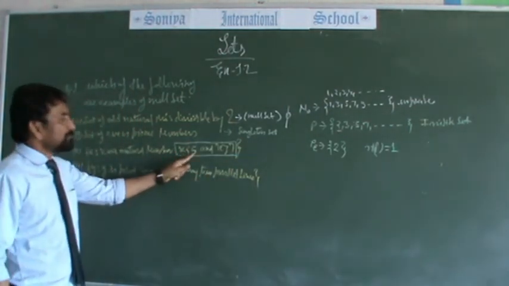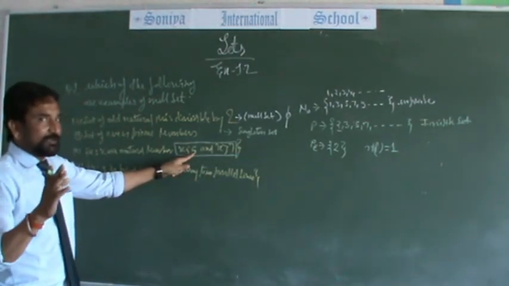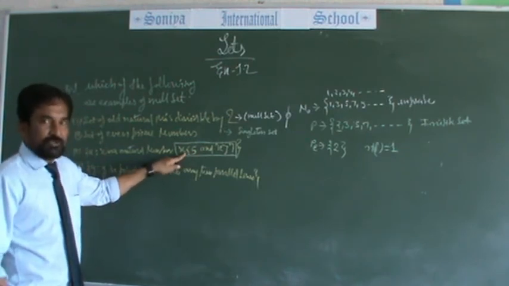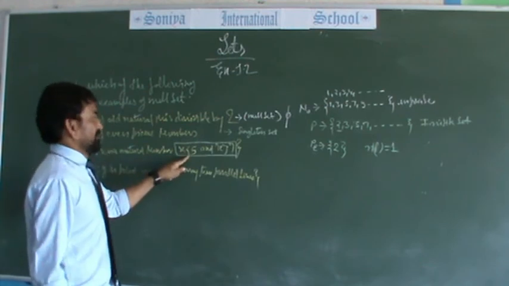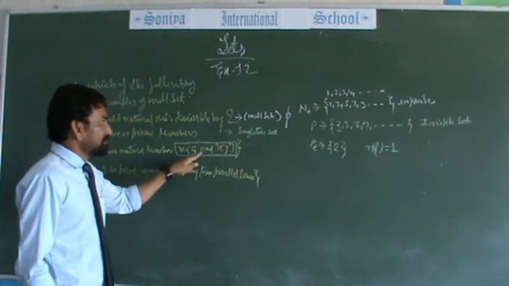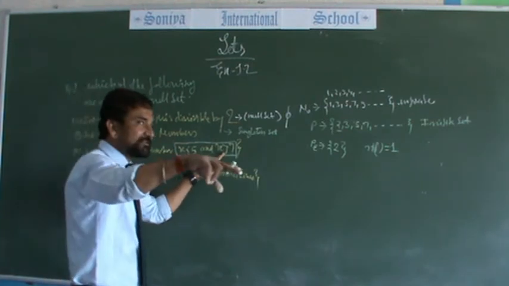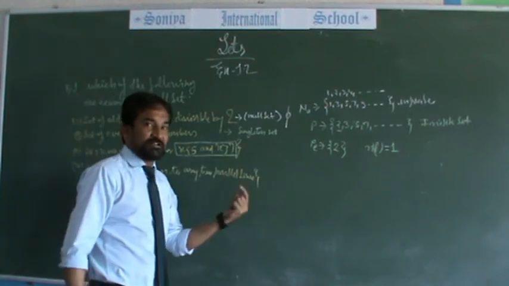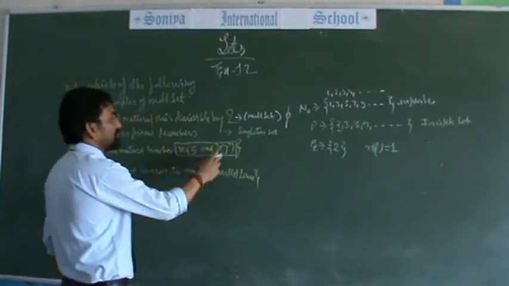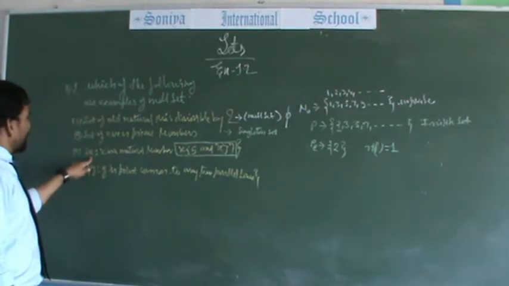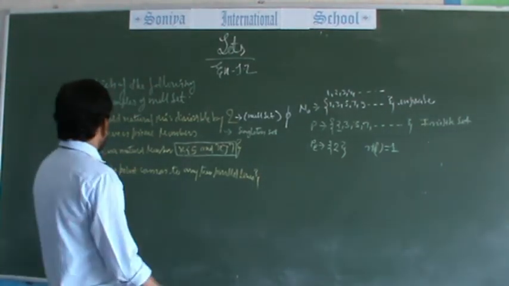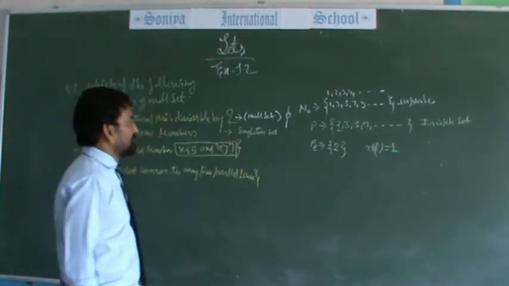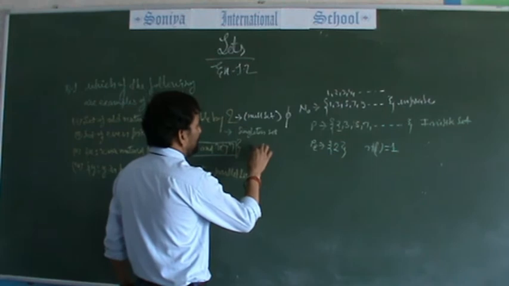Can you imagine any number which is smaller than 5? Yes, because x belongs to the natural numbers, so 1, 2, 3, 4. That is according to the first condition. The second condition is but greater than 7, so x is 8, 9, 10. Not a single element lies under both criteria. So x such that x is a natural number smaller than 5 but greater than 7 is also an example of null set.